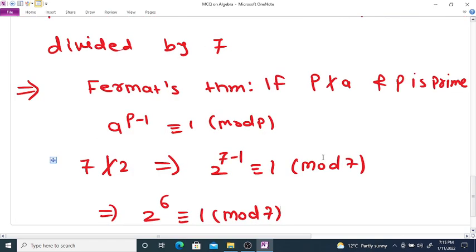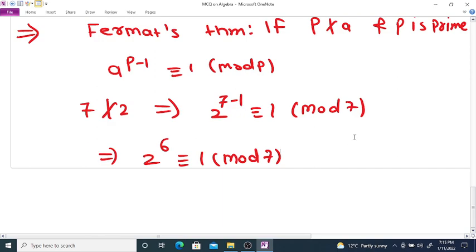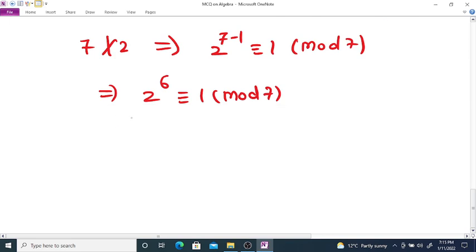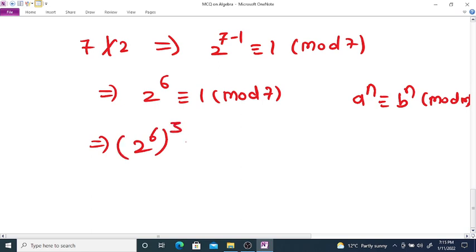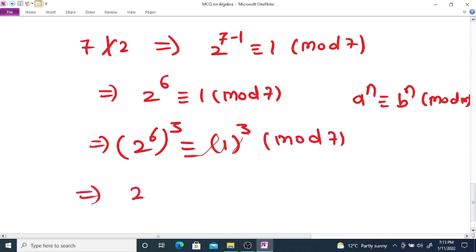Now next, since we want to determine the power 2 raised to 20, here we obtained 2 raised to 6. We know that a raised to n is congruent to b raised to n modulo m. By using this property, we can write 2 raised to 6 raised to 3 is congruent to 1 raised to 3 modulo 7. So we can write this as 2 raised to 18 congruent to 1 modulo 7.